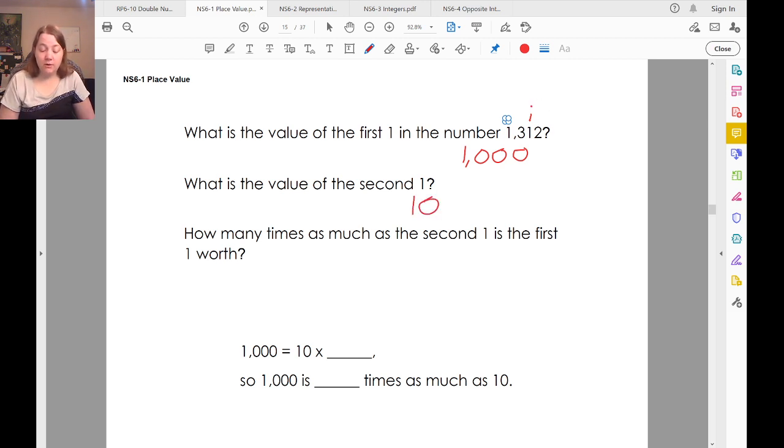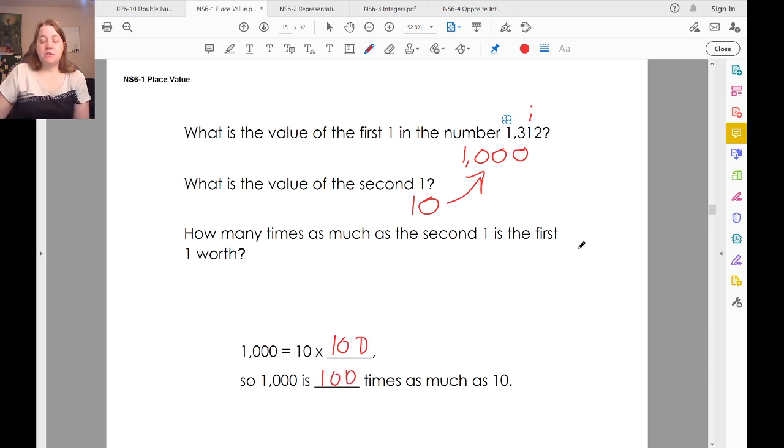So they want to know how many times as much as the second one is the first one worth. So basically, what do you have to multiply this 10 by to get 1,000? That's right, we have to multiply by 100, which means that 1,000 is 100 times as much as 10.